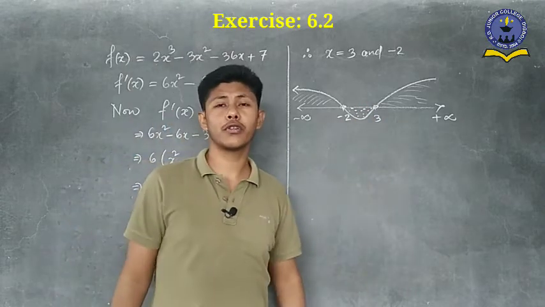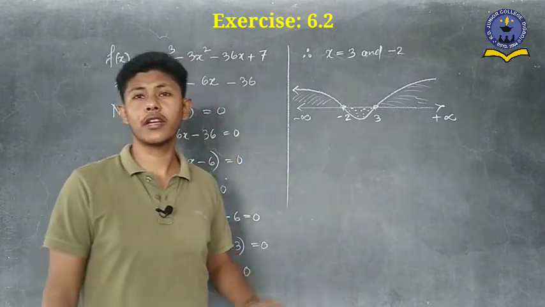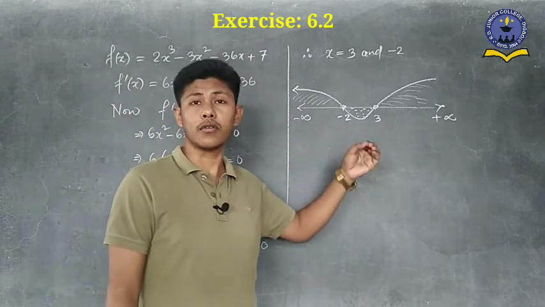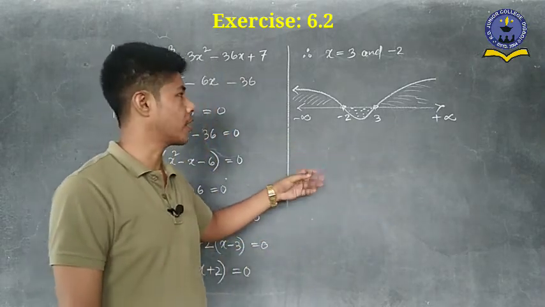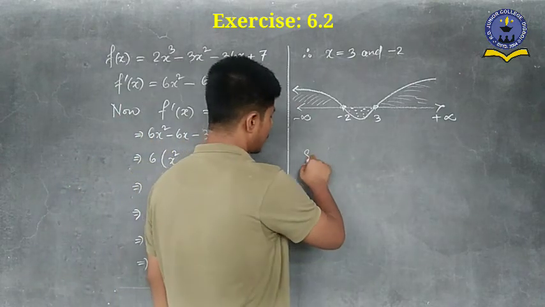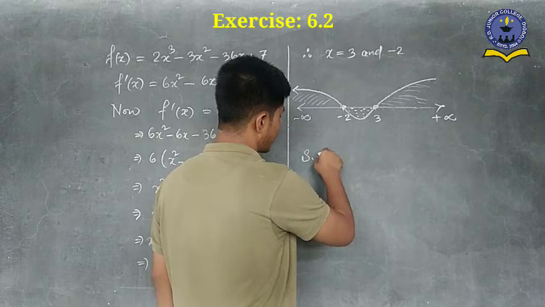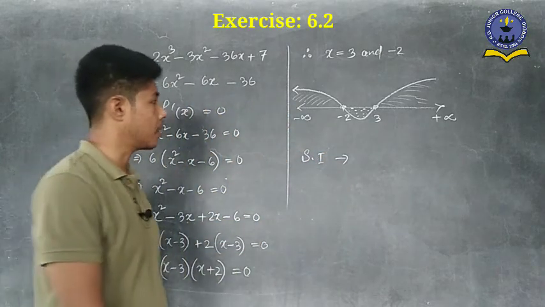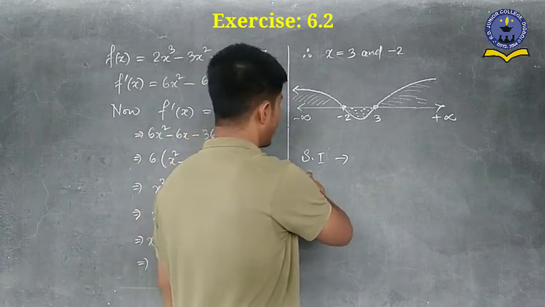So according to our question, what do we have to do? Strictly increasing and strictly decreasing. The question mentions that we have to find the intervals of strictly increasing and strictly decreasing. In case of strictly increasing, from where to where?